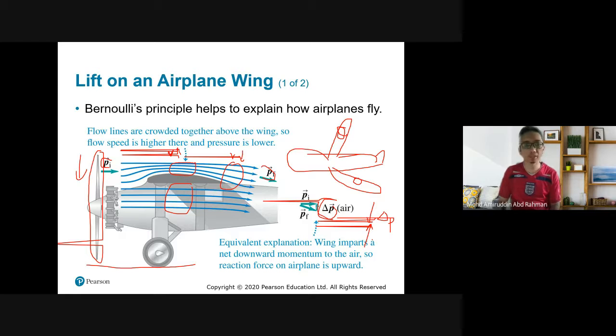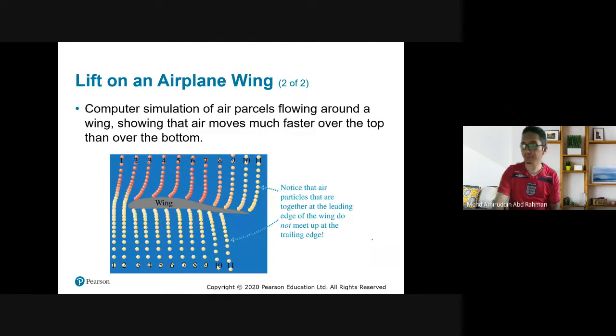That's why the plane is going to go from high altitude to lower altitude. So that's the relationship also used in the plane. This is actually the simulated version of that.